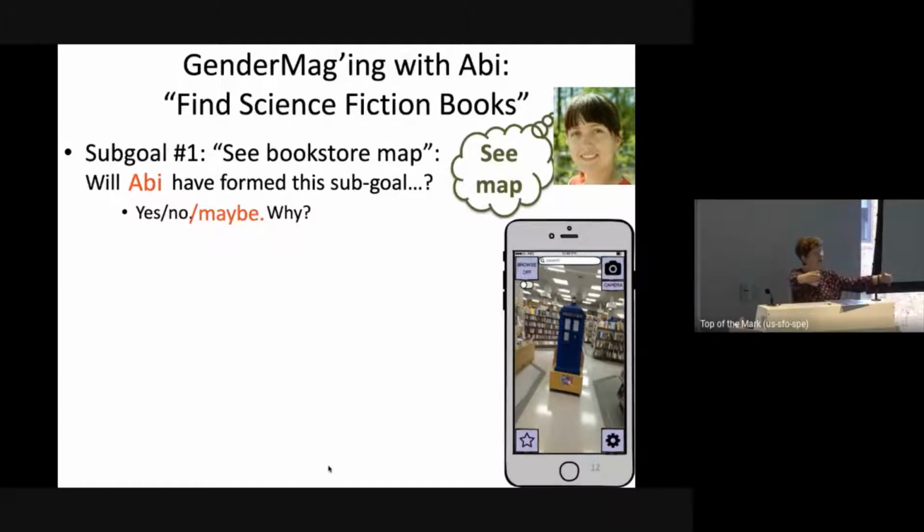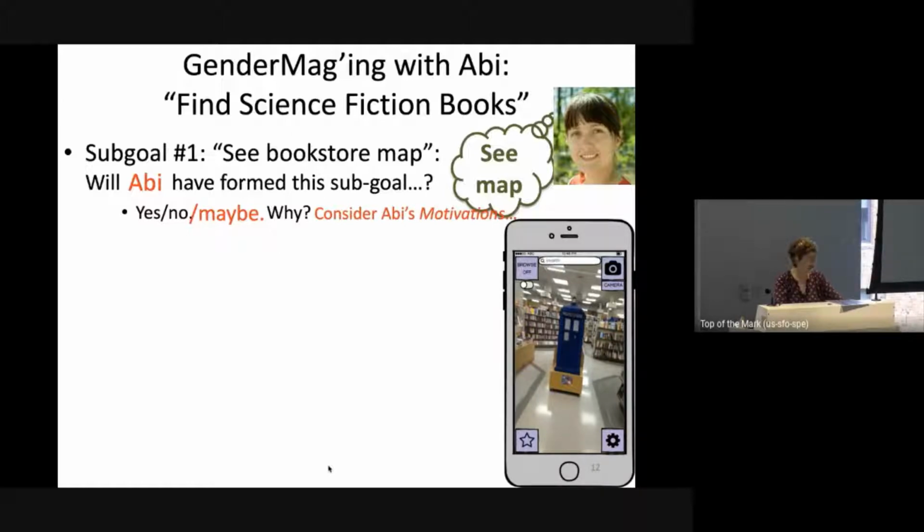So we want to harvest the opinions of everyone in the room, not just the loudest voice. So it's not an argument, it's a union. We write it all down, and not only the opinion about whether she's going to have that sub-goal, but also why. And that ties to the cognitive styles that are enumerated in detail on the persona, which you'll meet in a minute.